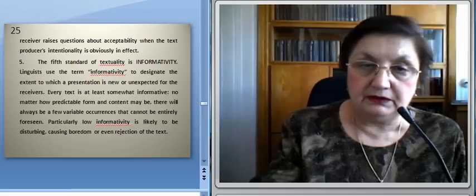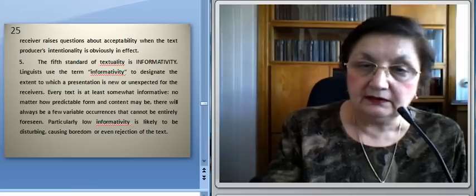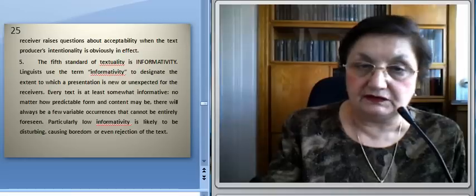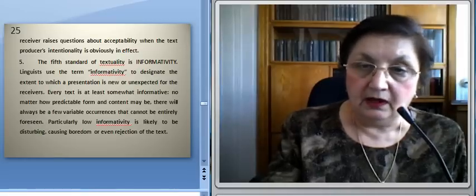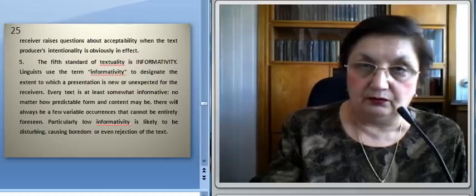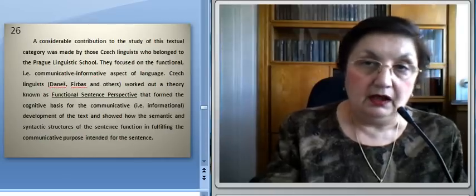A considerable contribution to the study of this textual category was made by those Czech linguists who belonged to the Prague Linguistic Circle. They focused on the functional, that's communicative, informative aspect of language.